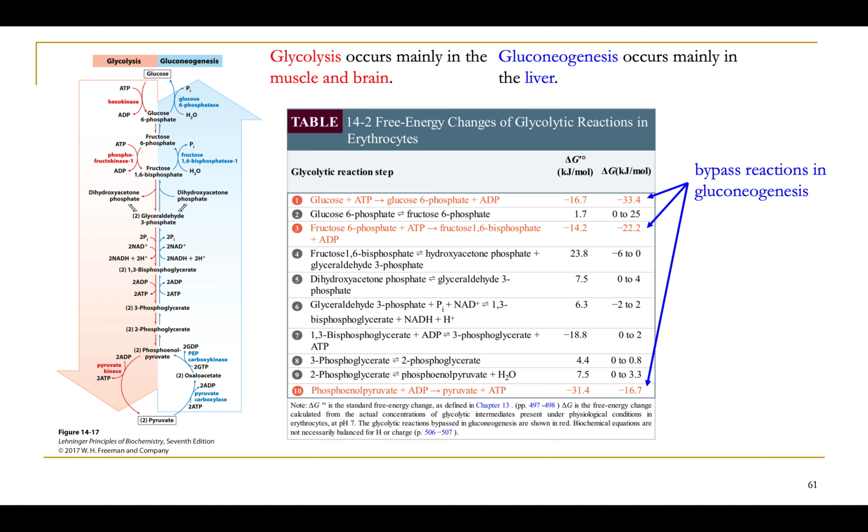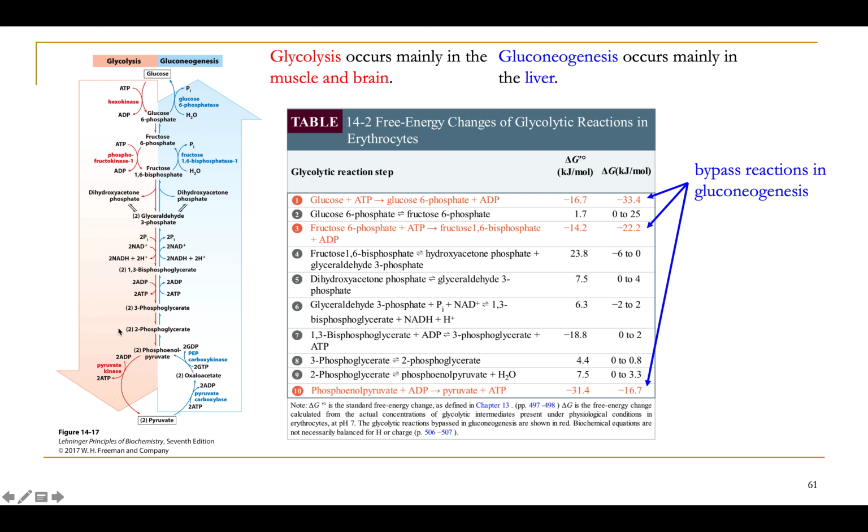So in fact, the gluconeogenesis pathway is almost the same as glycolysis pathway. It shares 7 out of 10 enzymes, 7 out of 10 reactions with glycolysis. And the question is how these two pathways can live together.